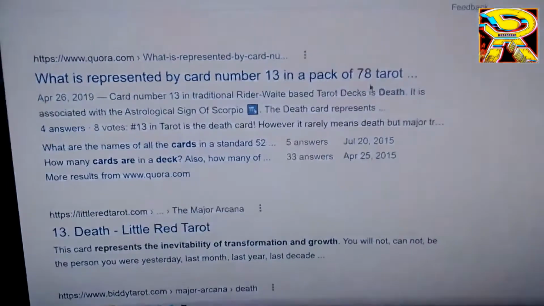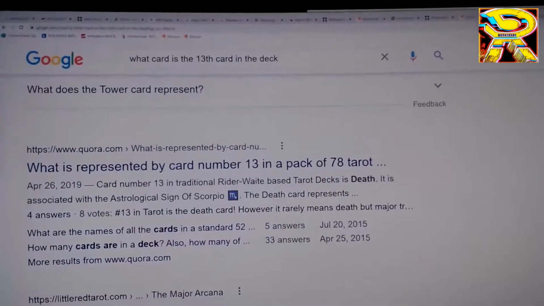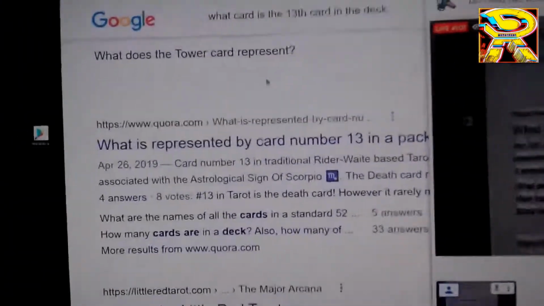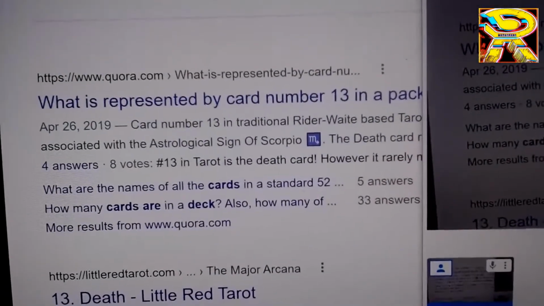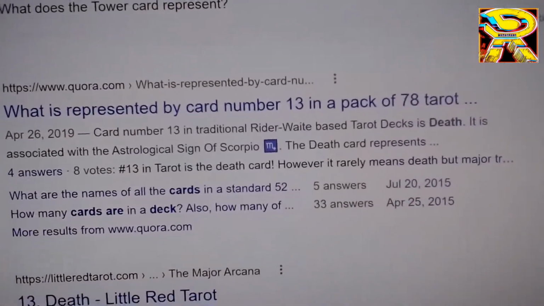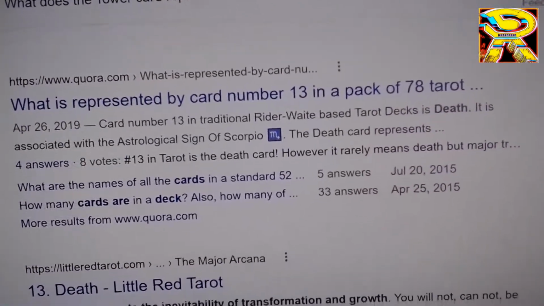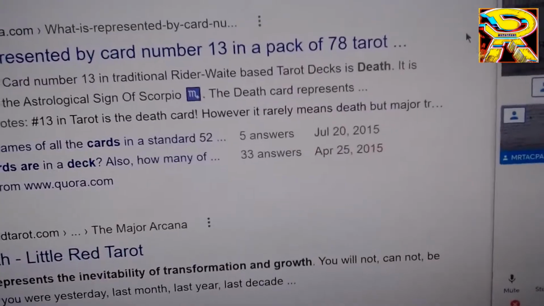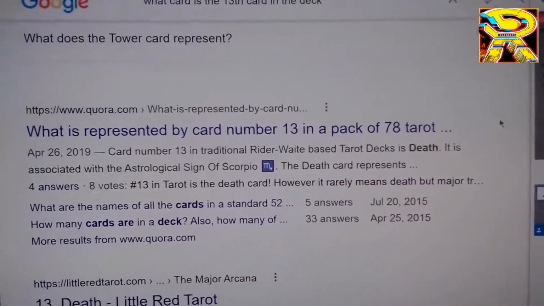Anyways, Little Red Tarot, 13 of 78. And isn't that ironic? Look. 13 and 78. 13 in a pack of 78.